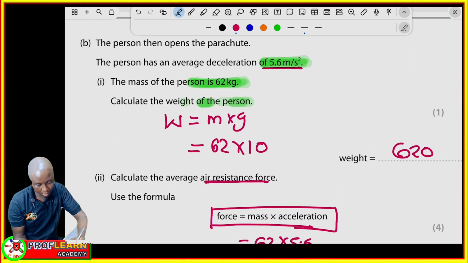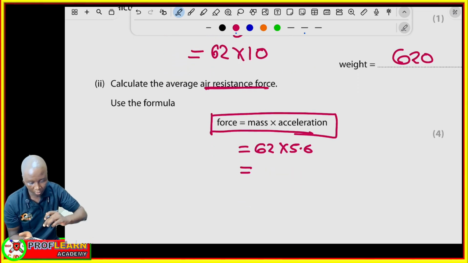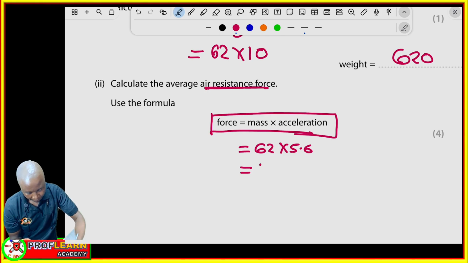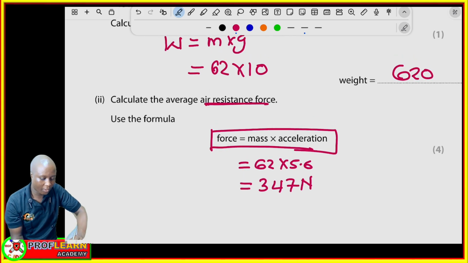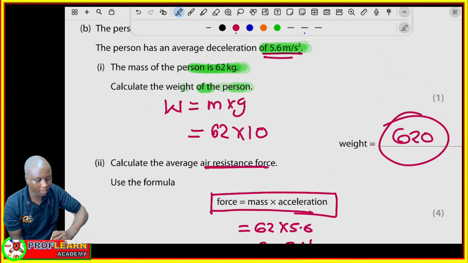So 62 times 5.6 gives us the resultant force, which is 347 newtons.